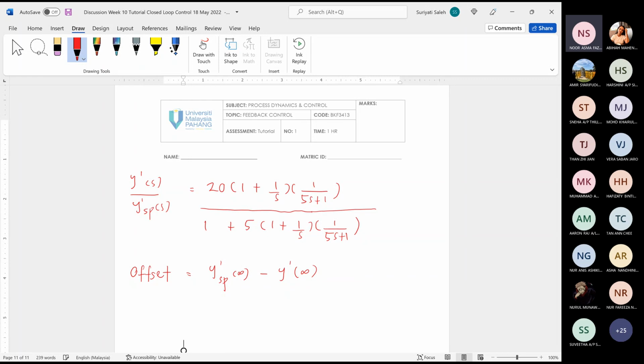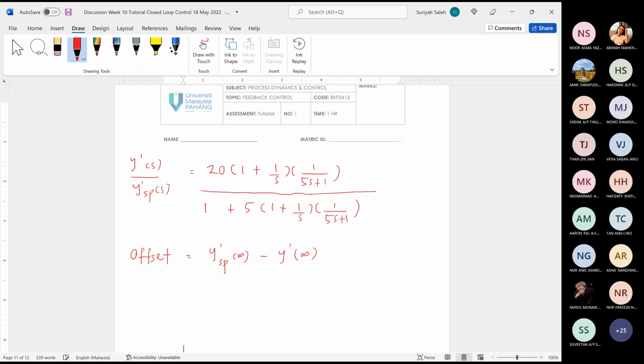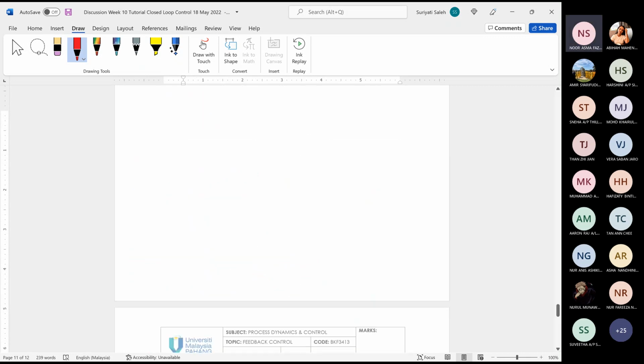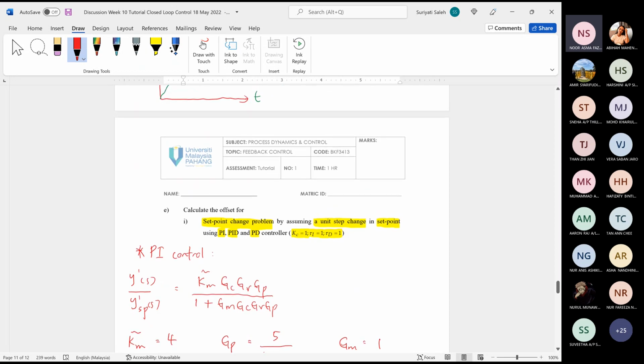So this offset calculation is only able to calculate the value of the measured variable at final time. This final time refers to time equal to infinity. Based on the given question, you can see the step change for set point is a unit, so that refers to 1. This information is given.